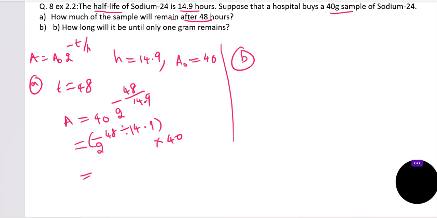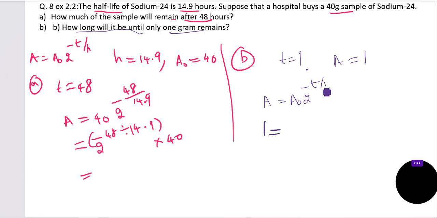That is the answer for part A. Part B: how long will it be, that is time how much, until 1 gram remains? So A is 1 gram. We know the rule, same, minus t over h.